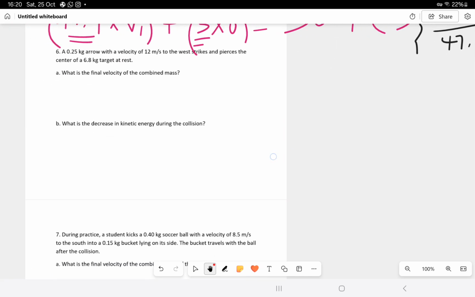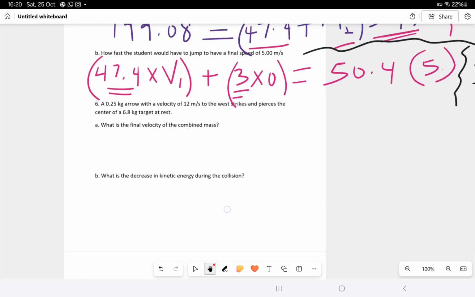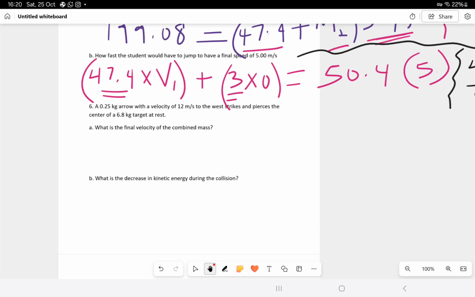Next question. Now you're told an arrow which is 0.25 kg with the velocity of this one moves to the west and strikes a piece of center of this one which is at rest. Again the same thing.